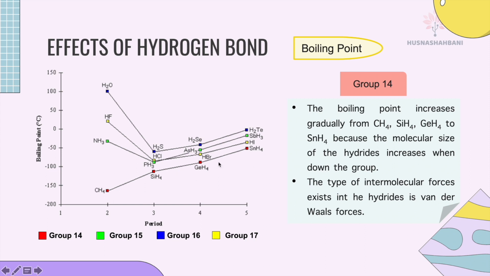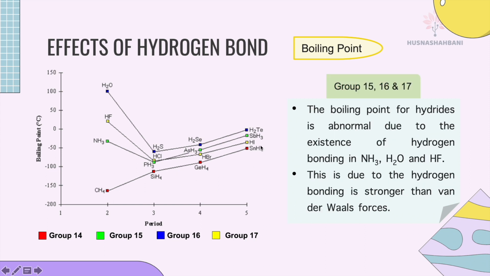That's for group 14. And for group 15, 16 and 17, the boiling point for hydrides is abnormal. So it's not like group 14. It doesn't keep increasing. NH3 has a high boiling point, then it suddenly decreases and then increases again. It's abnormal due to the existence of hydrogen bond in NH3.